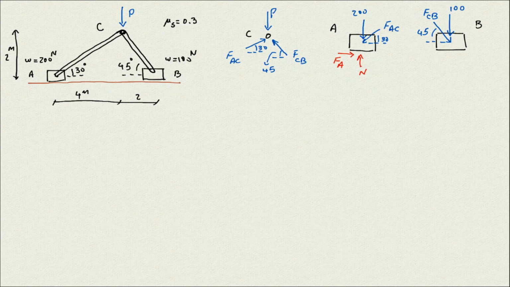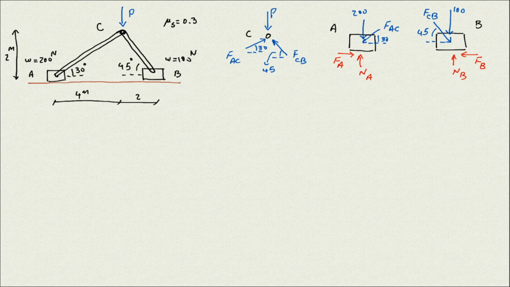And then we have the reaction for this case. So this one is the NA, and here we have the NB. And we know that if the B is going to start to move under this condition, it's going to go to the right. So the FB is going to go to the left. So these are the cases we have.